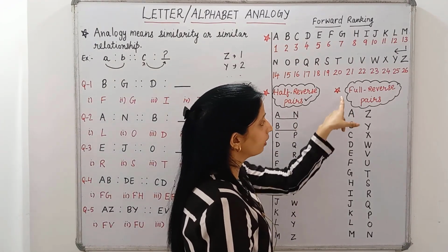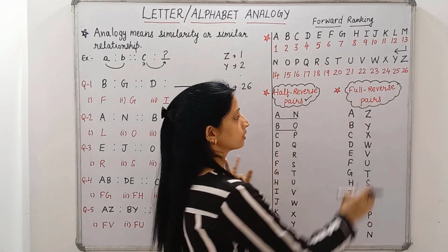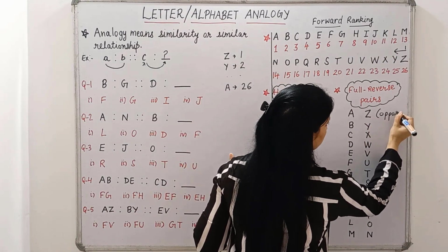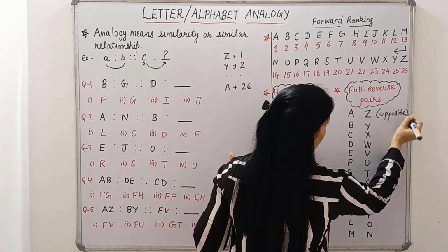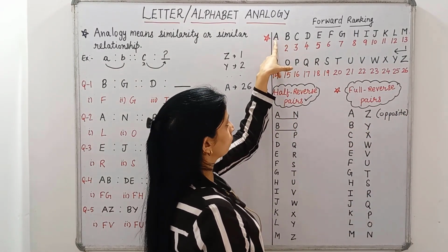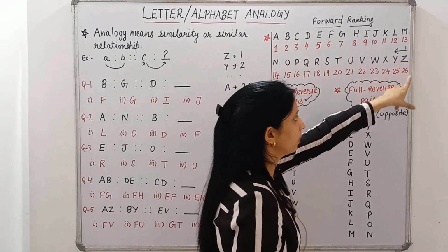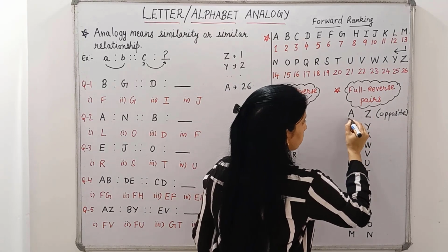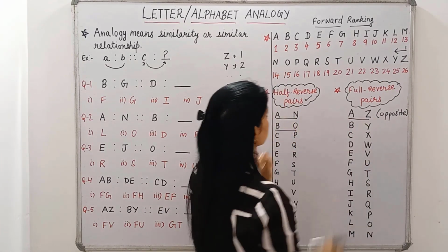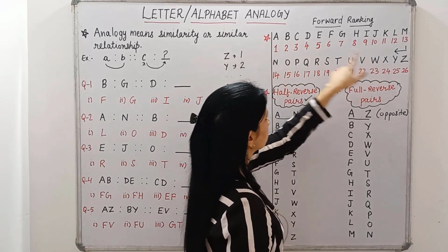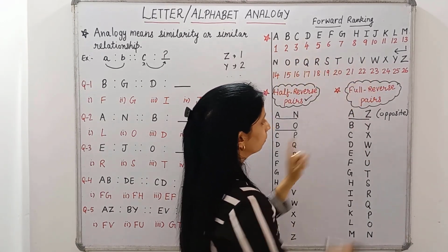And these are full reverse pairs, or the opposites of each other. Opposite letters. Means the opposite of A will be Z. A is at 1st place, Z is at 26th place. Okay. So the first opposite pair is AZ, similarly BY, then CX, then DW.